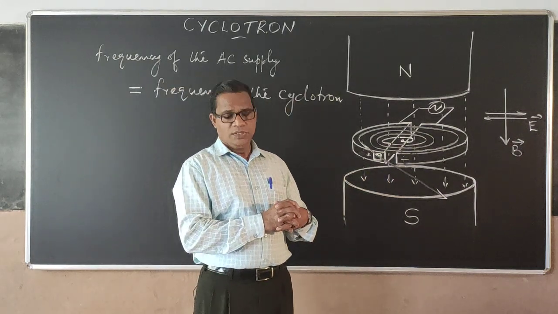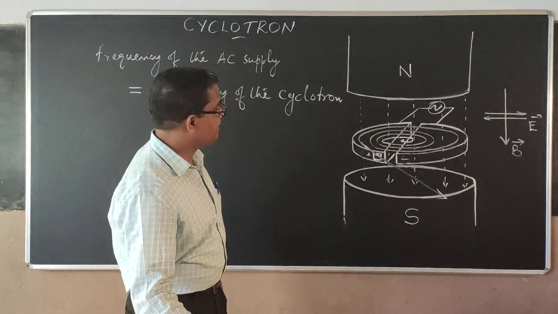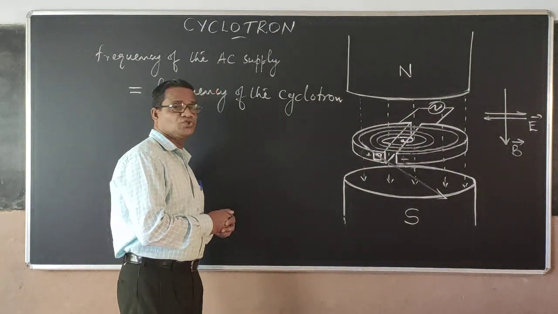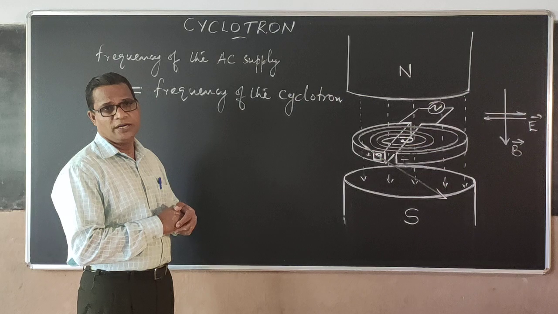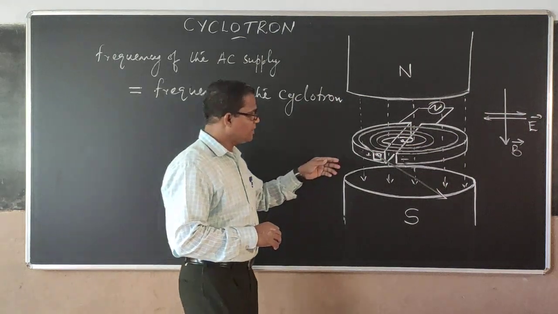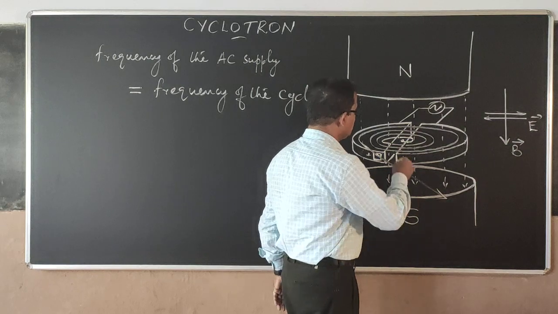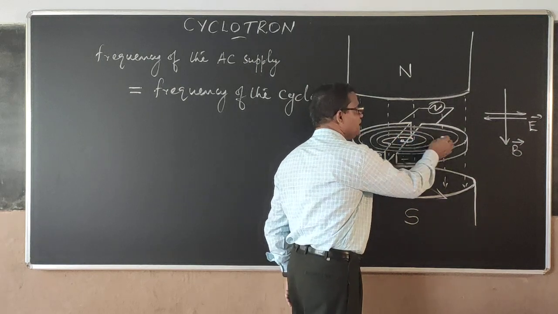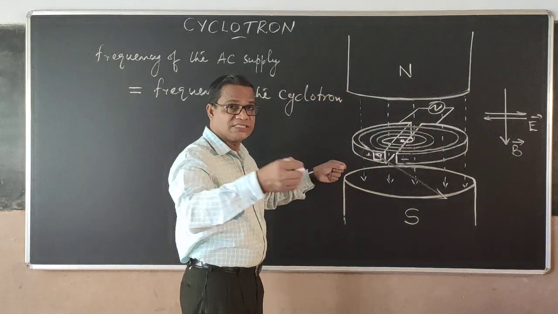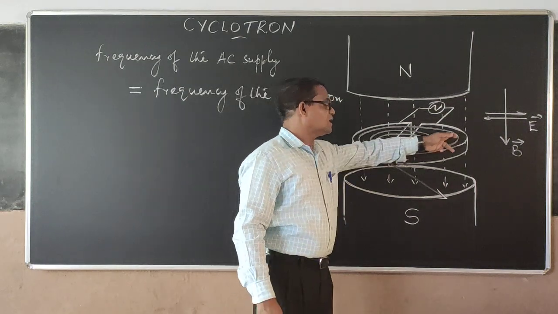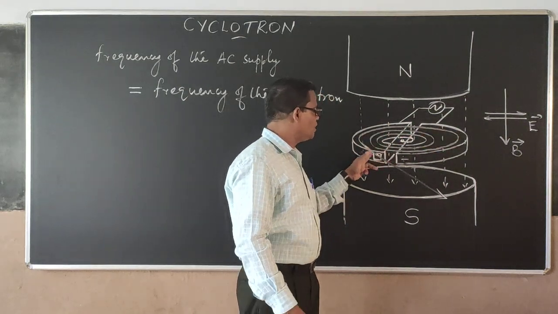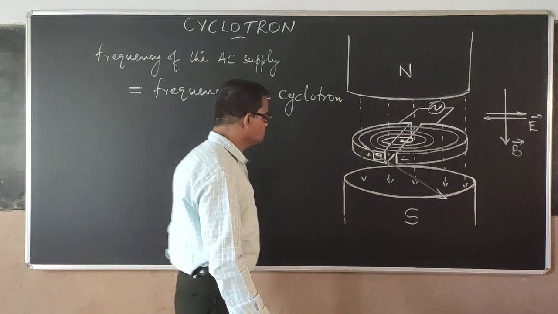Okay? Now, what about the frequency of the cyclotron? As you see, the particle is now going in an expanding circle. We cannot take anywhere in between. You will be taking the calculations based on the maximum circle possible, that is just before it is coming out through the window.